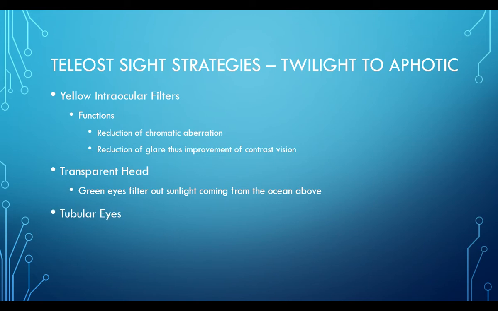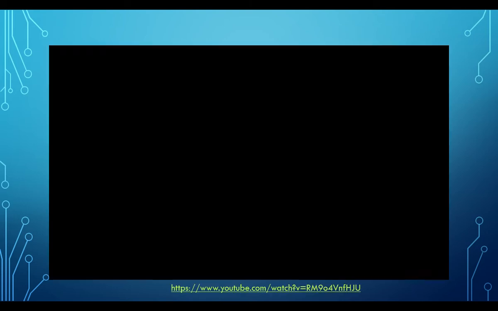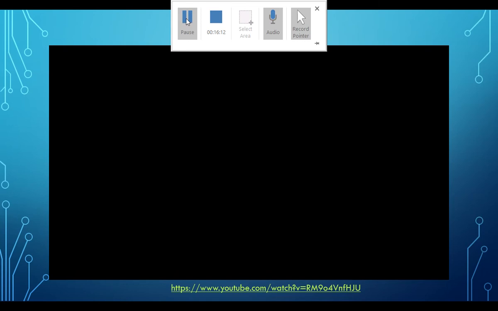And then your tubular eyes. Large lens, which is good for light gathering and looks predominantly upwards. And then this video. The video that I'm going to show puts two of the three strategies together in one organism, the barreleye.